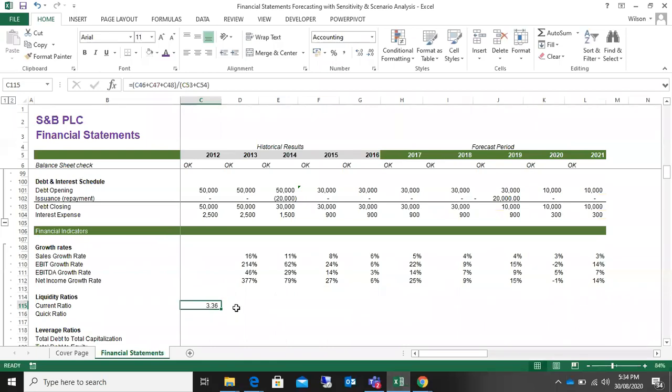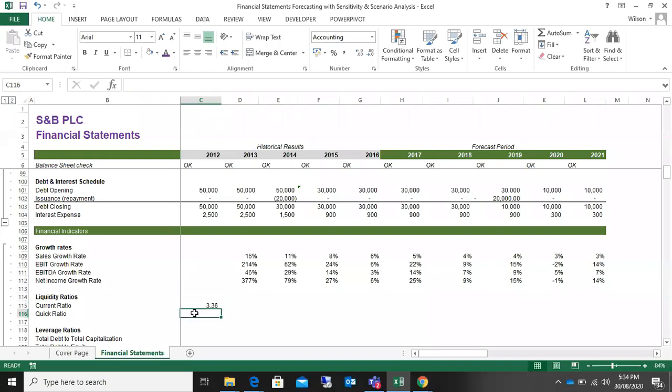That is a good standing for this company, because it means the company's current assets are able to cover its current liabilities, meaning the company is highly liquid in 2012. The standard is 2 to 1, but this is 3.36 to 1, and that makes a lot of sense.